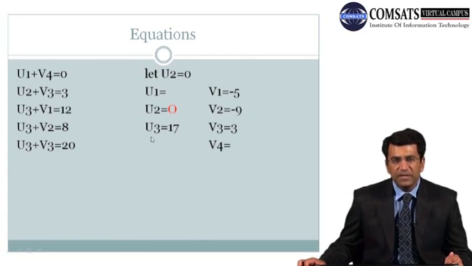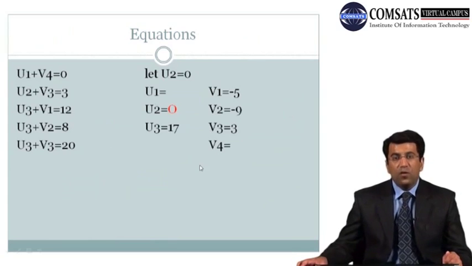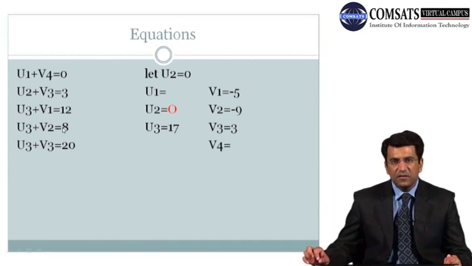Similarly, by putting the respective values, we can also find out the values of v1 and v2, but students, we cannot find out the values of u1 and v4 in this particular case. Now why does this situation happen? Because fewer cells were occupied than the value of m plus n minus 1. So if this sort of situation occurs, you will not be able to find out the values of all the variables.